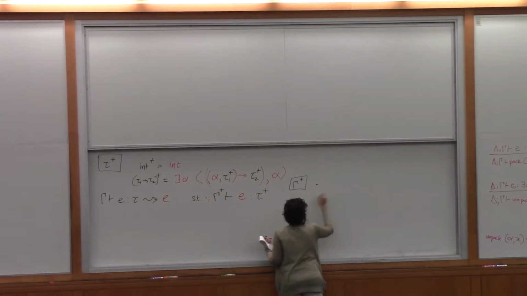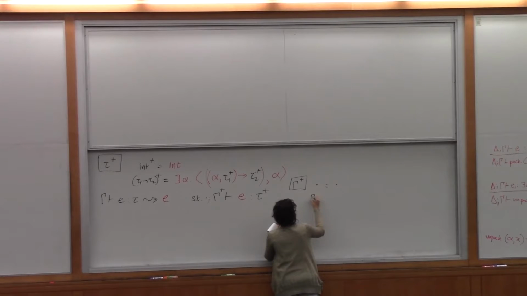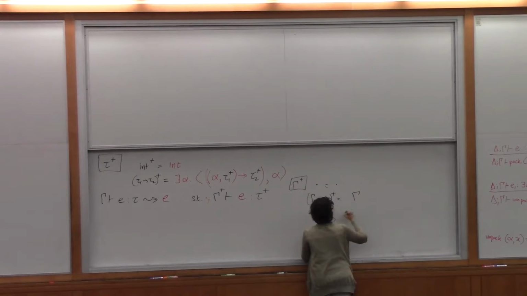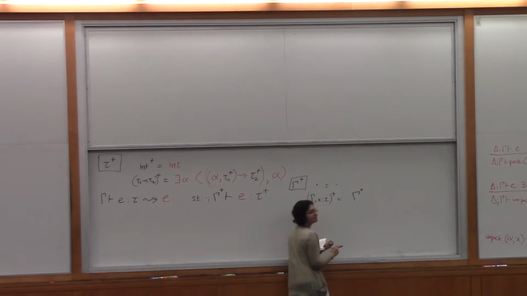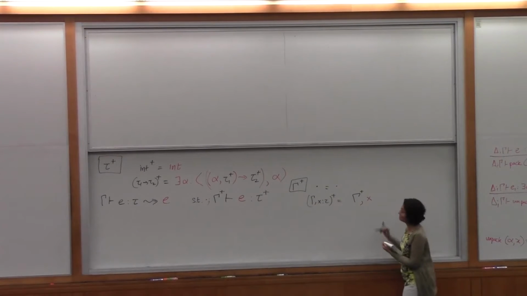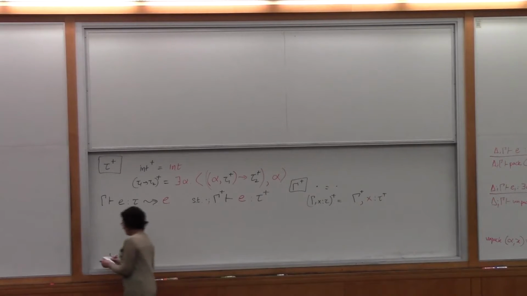Well, when you translate a dot, you get a dot. When you translate gamma with x equal to tau, what do you think you get? You get a red x, tau plus. Okay. All right.